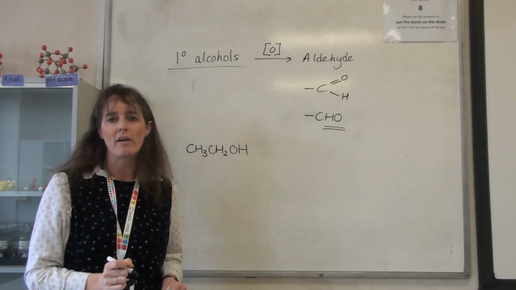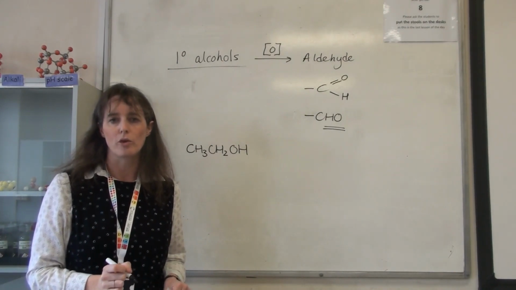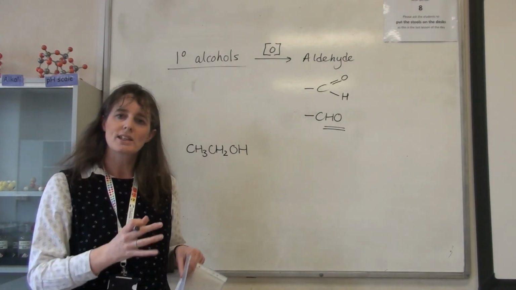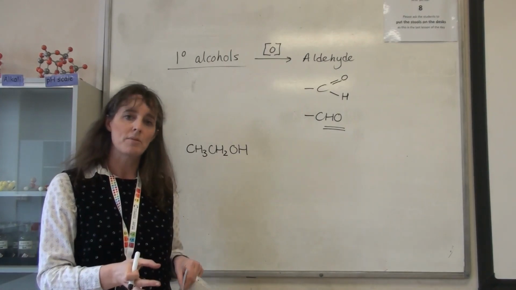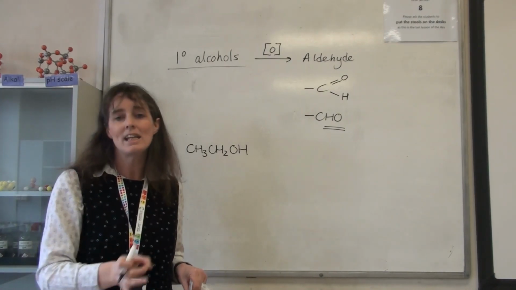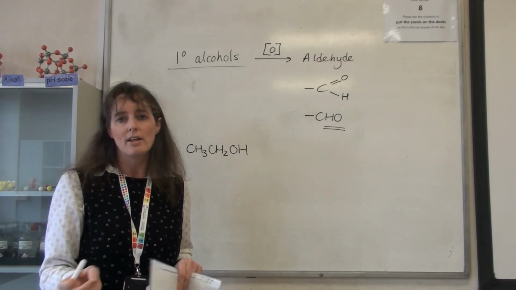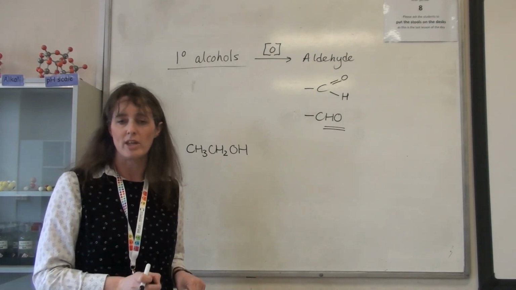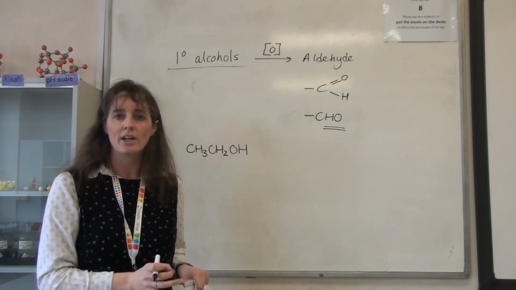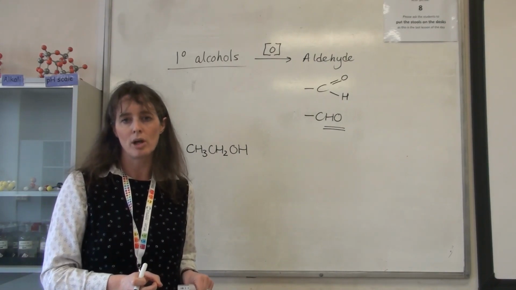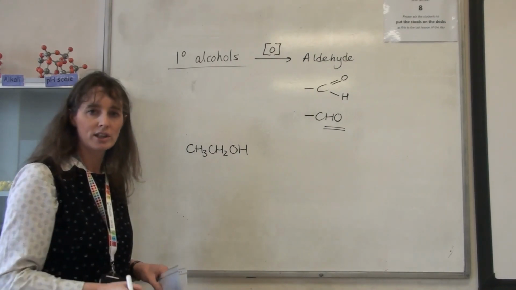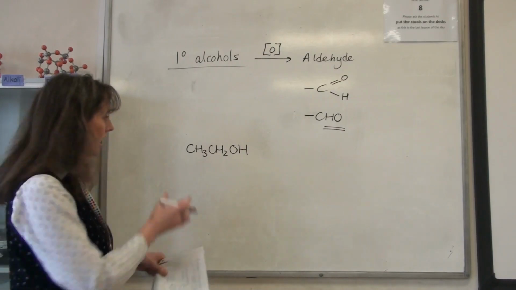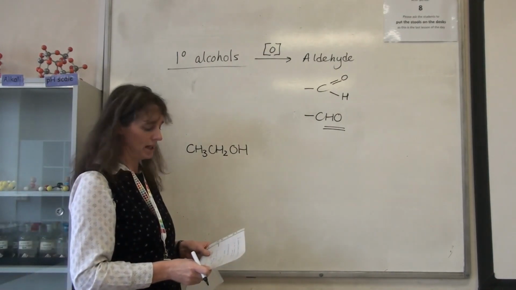It's really important that wherever possible you try and use structural formulae in your answers, because that way you can show the examiner that you know what you're talking about, and it distinguishes between the various isomers that some of these alcohols will have, and identifies that you are talking about the primary version. Obviously ethanol doesn't have those isomers, but I'm still using the structural formula.